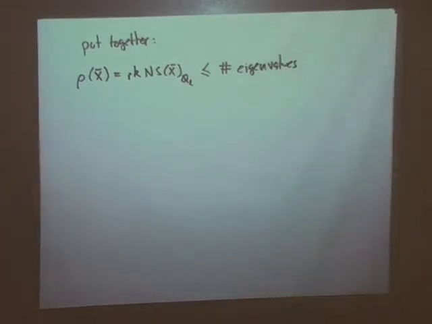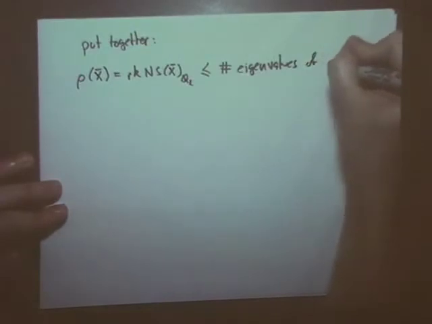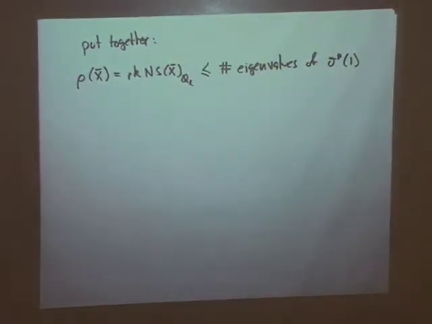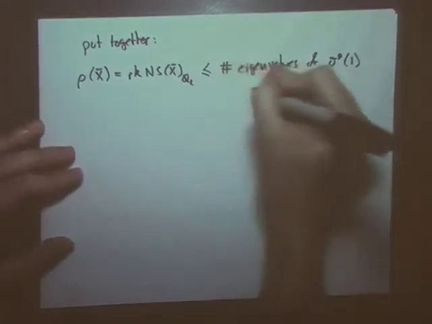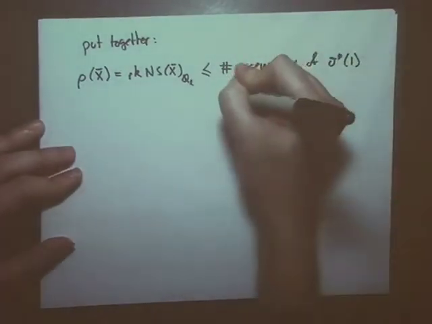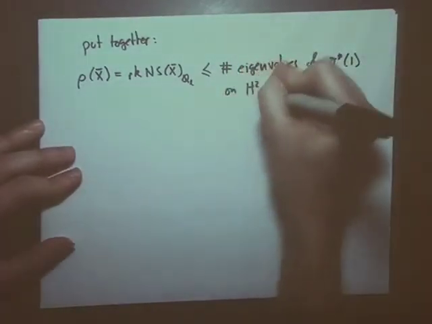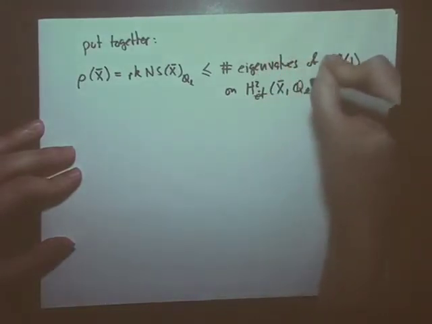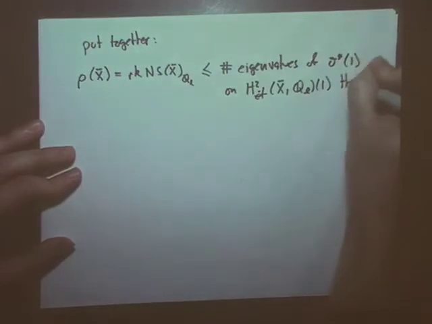So we said it here, it's the number of eigenvalues of sigma star acting on Néron-Severi that are roots of unity. Now let me translate that into the H2, so it's the number of eigenvalues of, okay, so now the action is the twisted action on this H2 étale of X bar, QL(1), that are roots of unity.